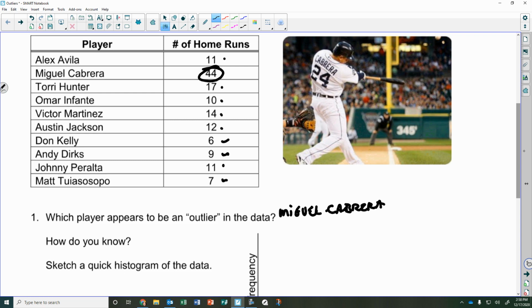So how do you know? Well, his home run number is significantly higher than the rest.